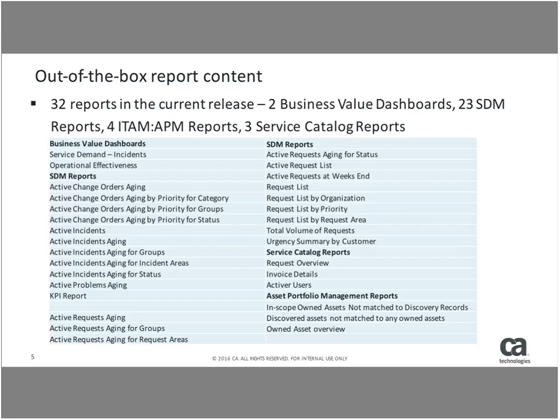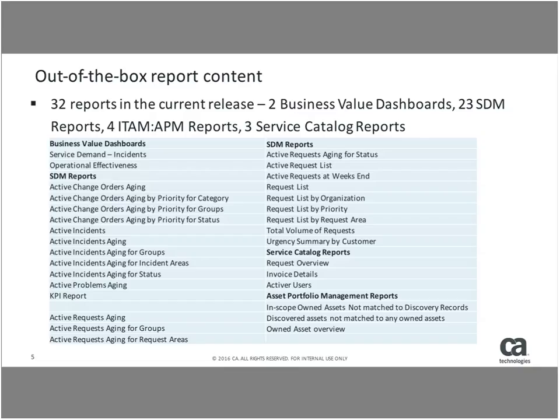So what we have in this release are a couple of dashboards that were added in the 14.1 release. These dashboards are around service demand and operational effectiveness that provide metrics around effort, cost, count of tickets, and analyst queues and groups, and measure first SCR kind of metrics all in one place. And then there are a number of SDM reports across change, problem, incident, and request management in this first release.